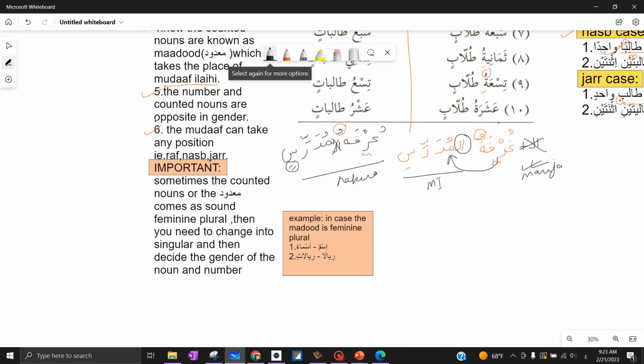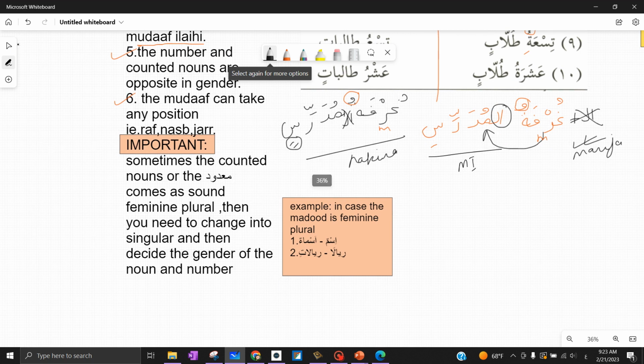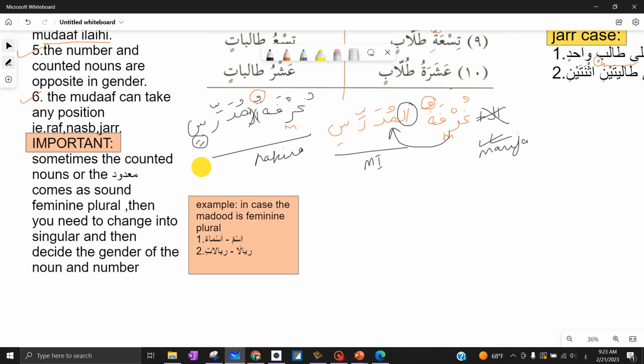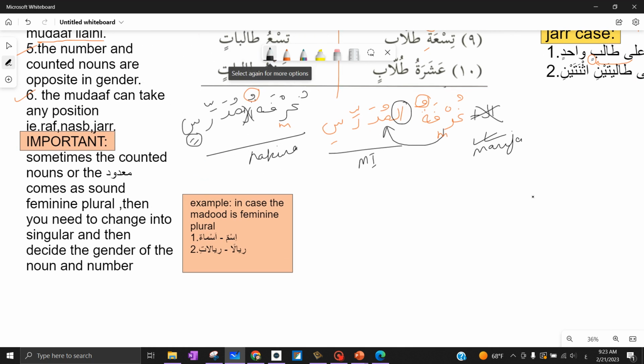For example, if I give you khamsatu riyalatin, what about the madud, or the counted noun, here?